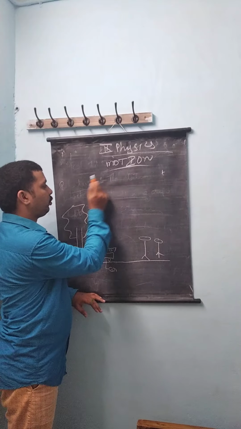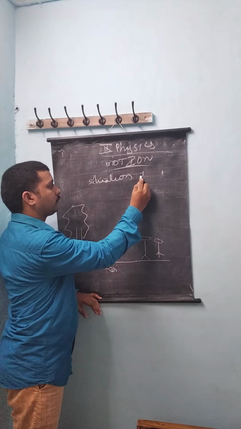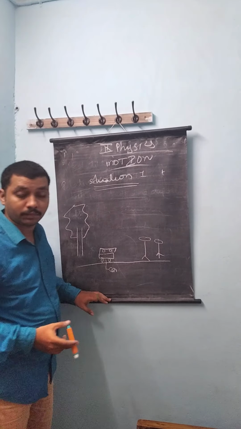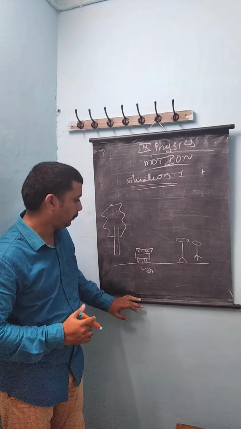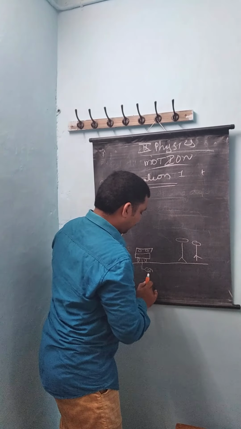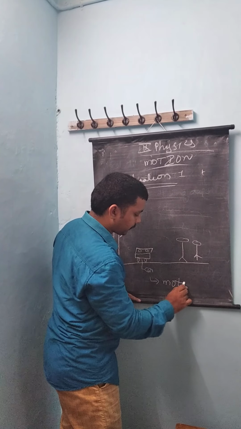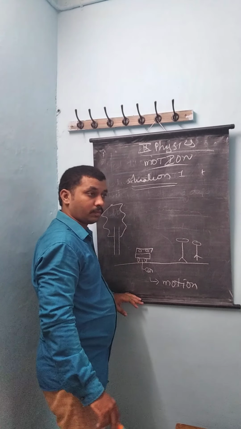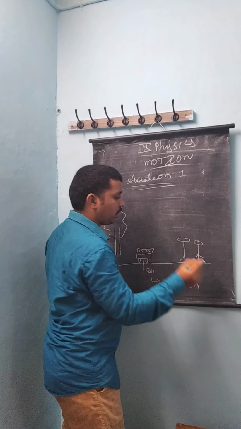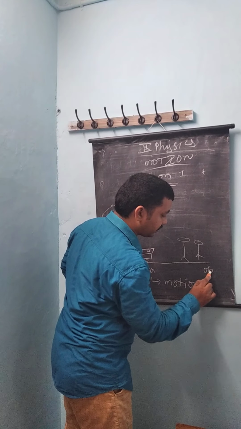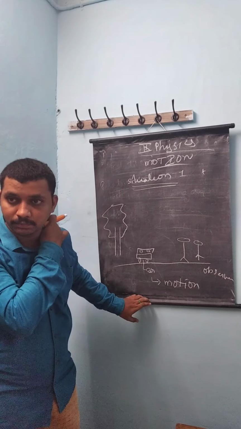Now let us consider situation 1. Let us assume that the car is in motion, and we have to observe the situation depending upon the observers standing on the road.